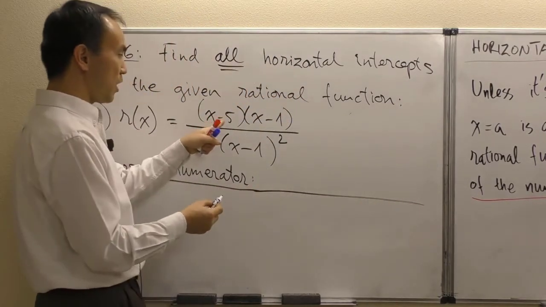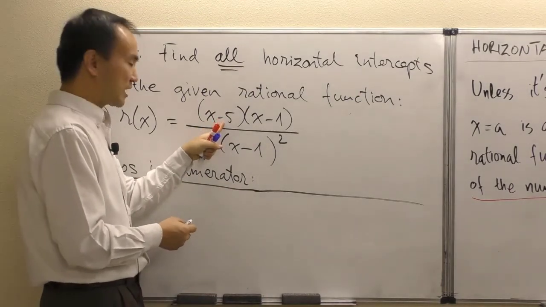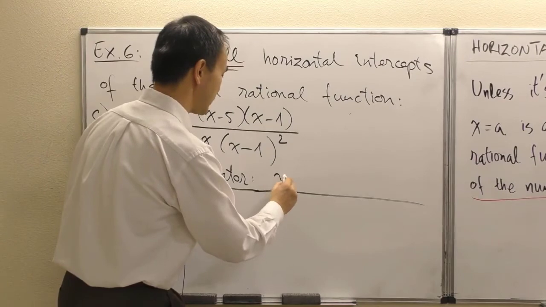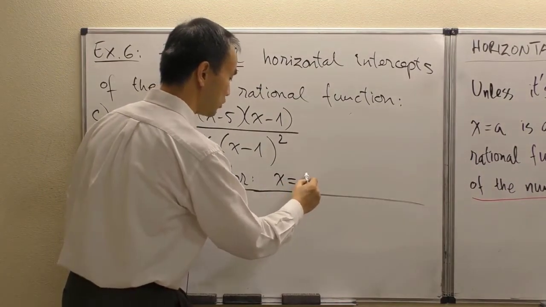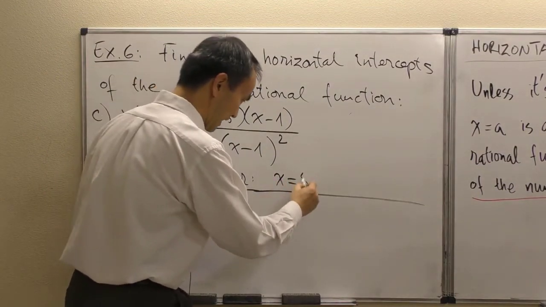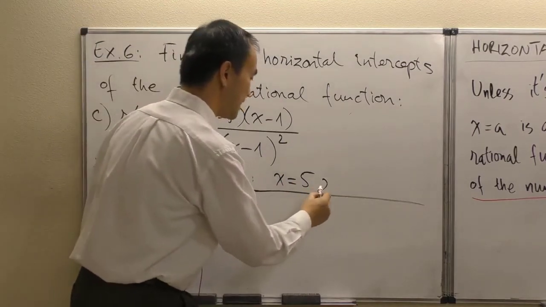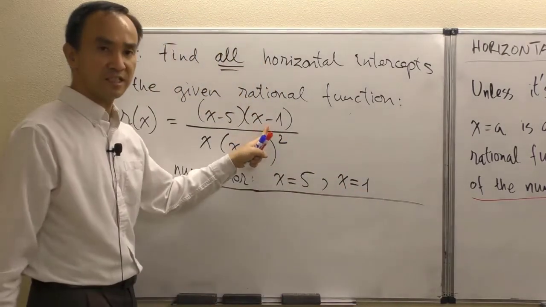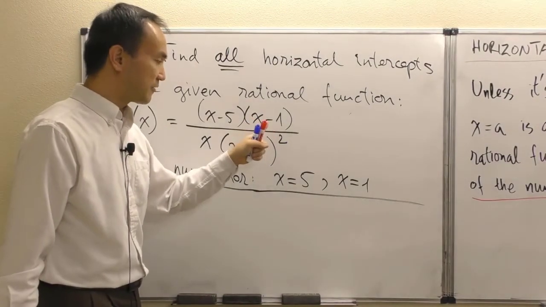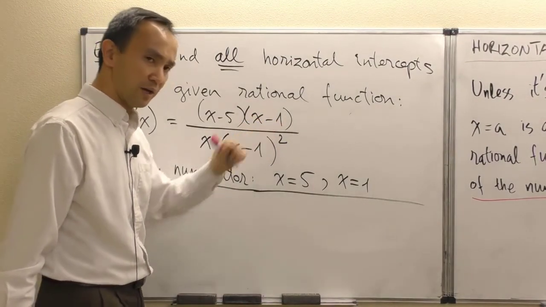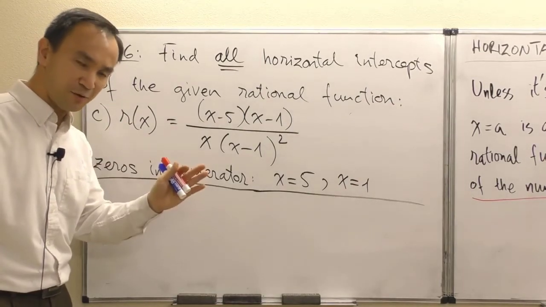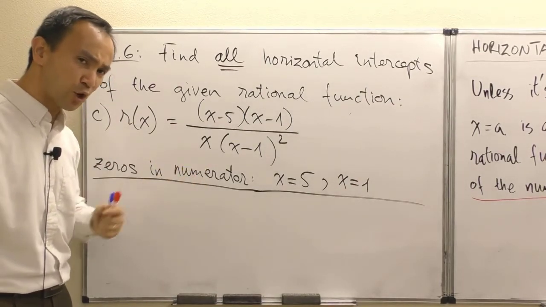I found one candidate corresponding to that x minus 5 factor here. So that has to give me a 0 in the numerator at x equals 5. And I will have another one at x equals 1, which is corresponding to that distinct linear factor in the numerator, x minus 1. All right, so I've found two candidates for being a horizontal intercept.